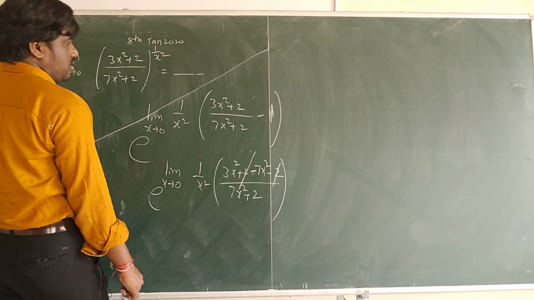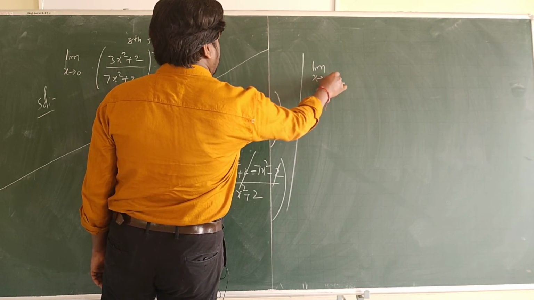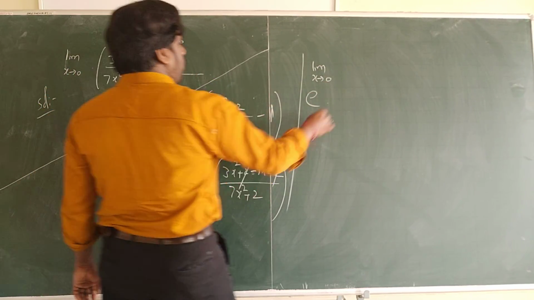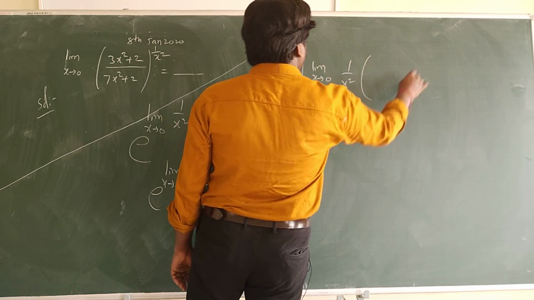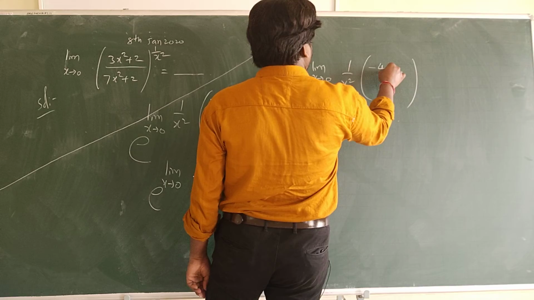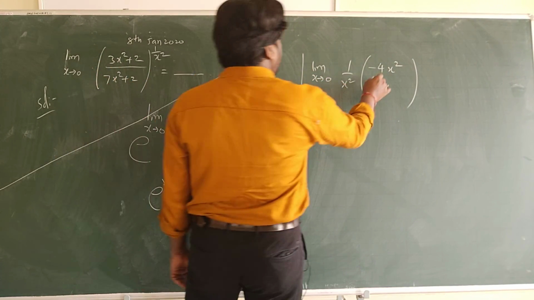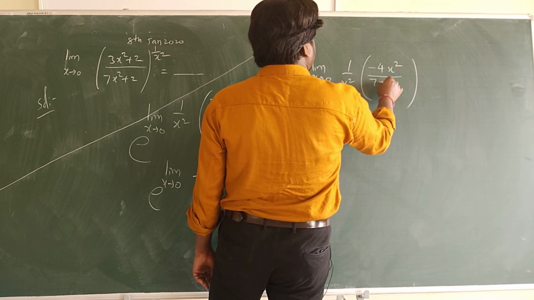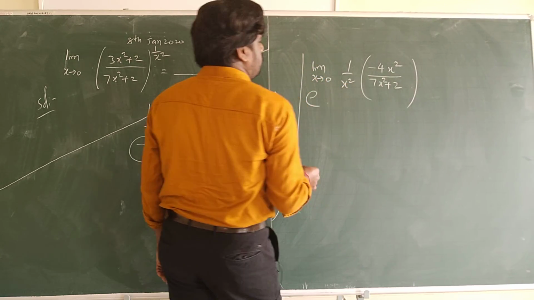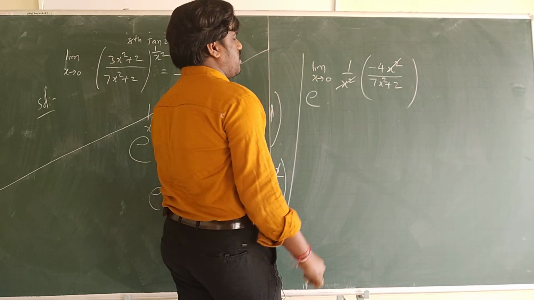So what you get here, limit x tends to 0 e to the power of 1 by x square into minus 4x square upon 7x square plus 2. Simple here, this x square is gone because numerator and denominator cancel out.